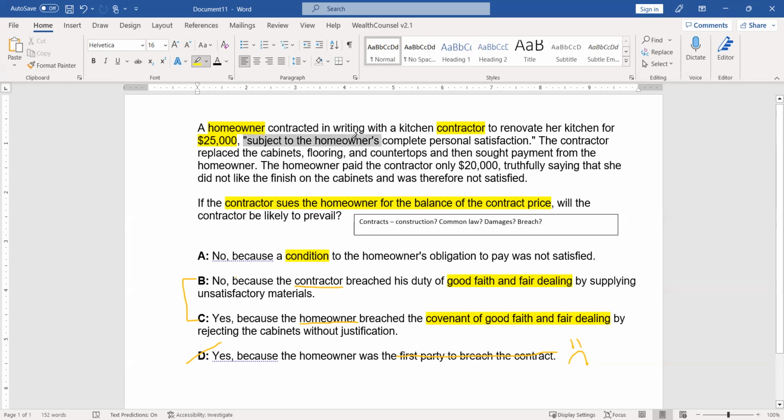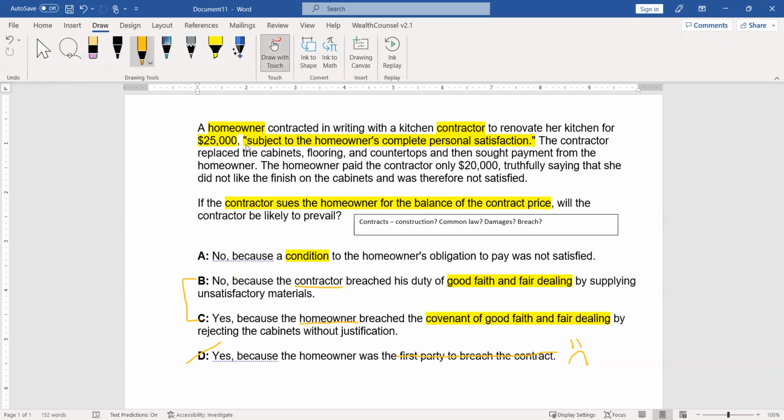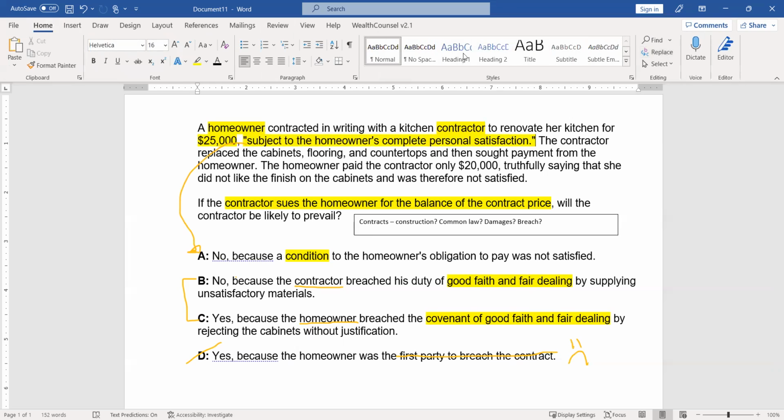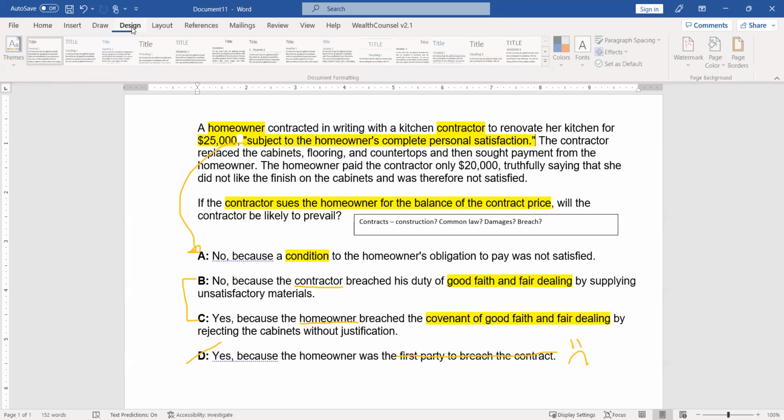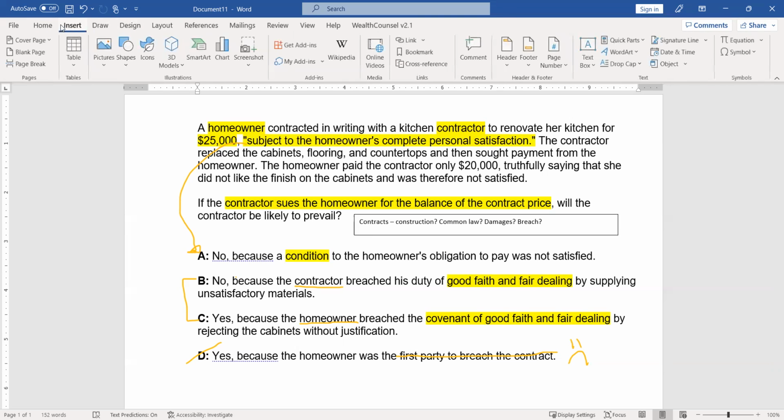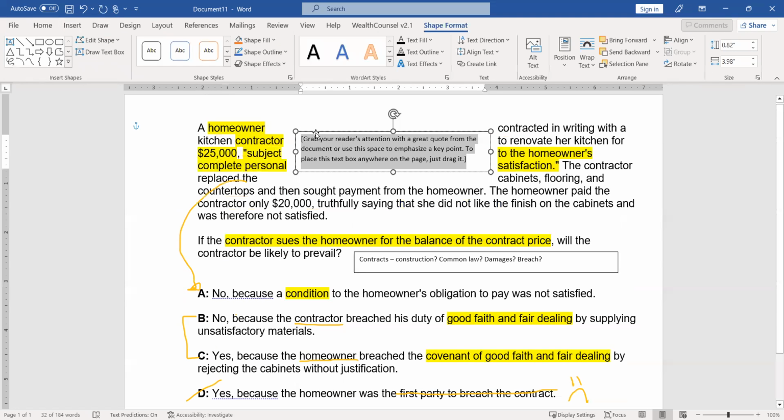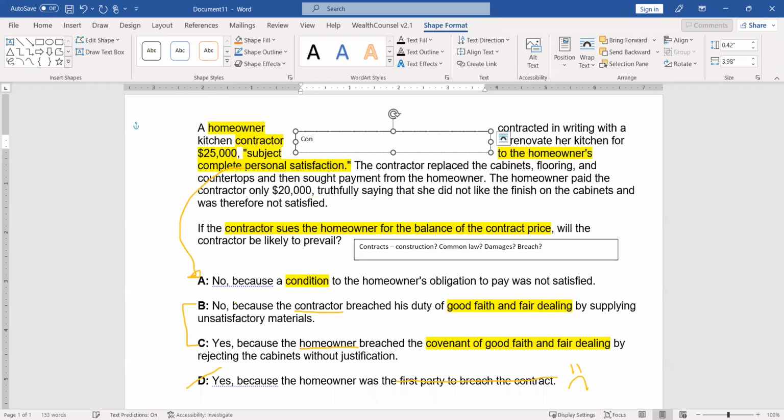The contract is subject to the homeowner's complete personal satisfaction. This one goes to that condition precedent that we had identified. And there's a condition. At this point, this is where you would identify that they're testing you on a condition precedent.